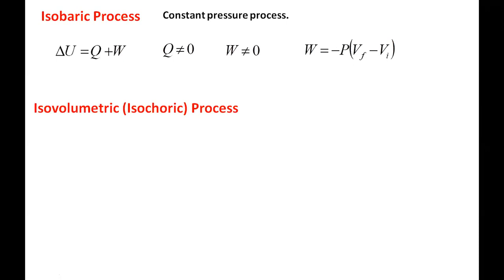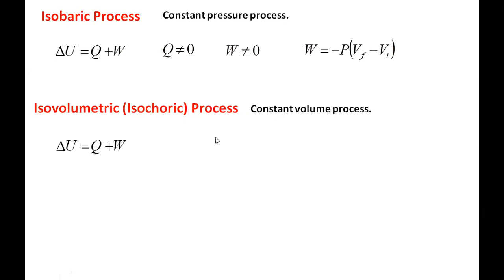Another process: the isovolumetric or isochoric process. Sometimes we use the term isovolumetric or isochoric process. This is a constant volume process. So isobaric is constant pressure, and isovolumetric or isochoric is constant volume.